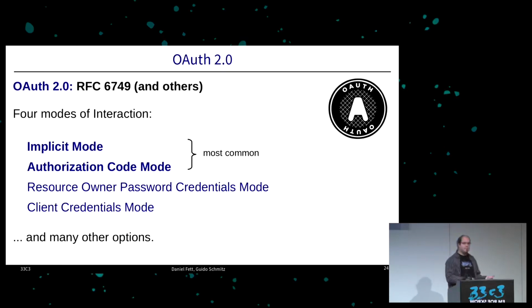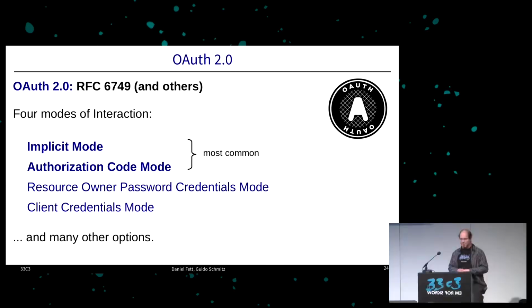So there's the implicit mode, the authorization code mode, the resource owner password credentials mode, the client credentials mode, and all these modes can have many options, which I won't list here. And out of these 4 modes, the first 2, implicit mode and the authorization code mode, are the most common ones. So let's have a closer look at these modes.